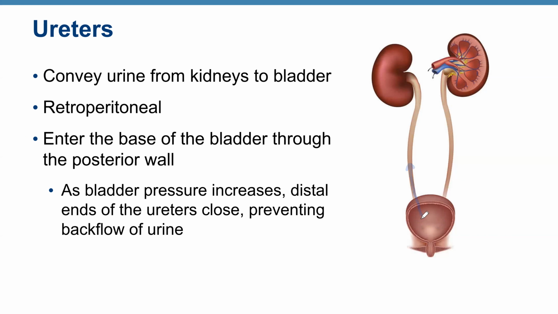That's why when pressure increases, the muscles contract. The ureter has smooth muscle in its walls, and when the muscles contract, they close up the distal end of the ureter, so urine cannot flow back towards the kidneys.